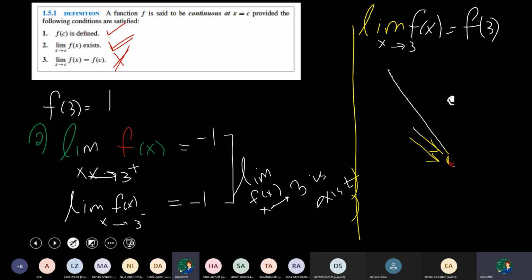The first step, I find f of 3. The second step, I find the limit.